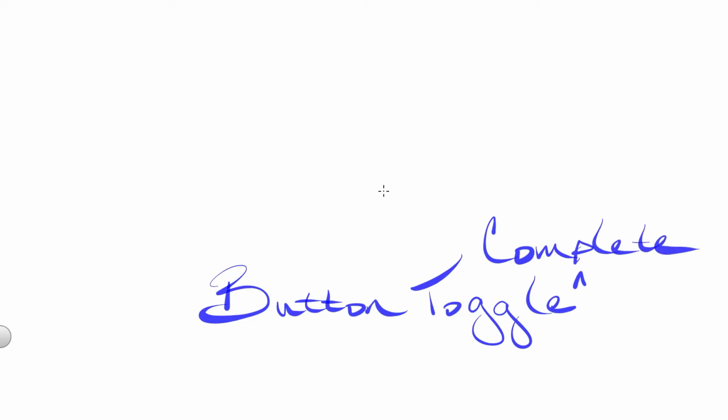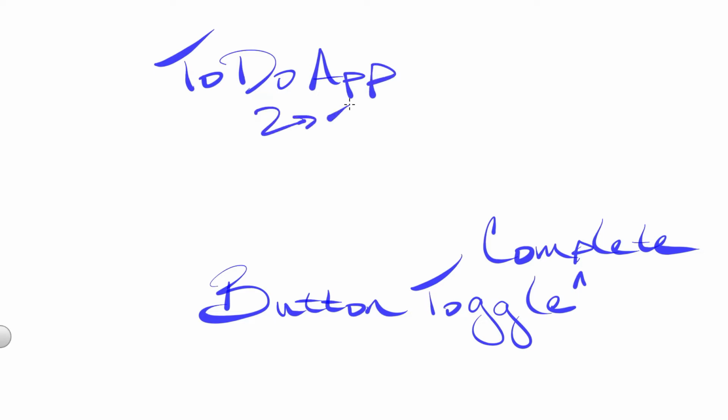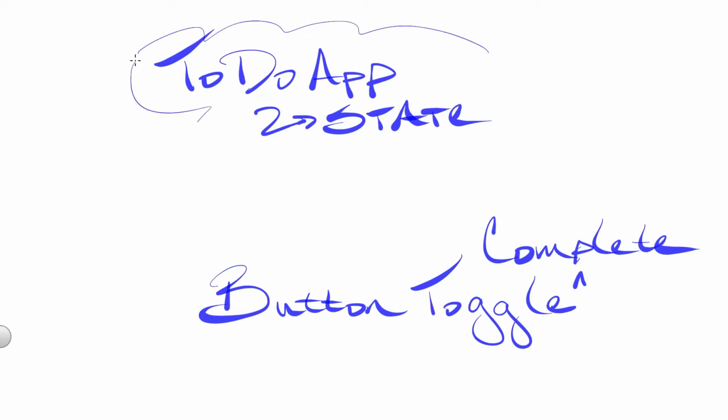And then up at the top of the app, we have our ToDo app component. And this is where the state lives. And if you recall, we lifted state up. State lives here. And down here in the button that gets clicked, we need a way to communicate up to the state.